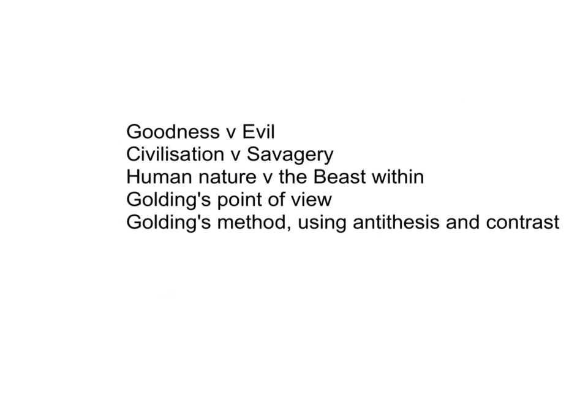So in summary, I hope you can see how easy it is to gain the A star. We've considered 3 themes of the novel here: the battle between good and evil, the presentation of civilization declining into savagery, the idea that human nature isn't wholly good or wholly evil, but that there's the battle with the darkness, the beast within.